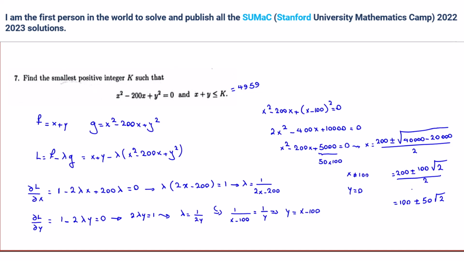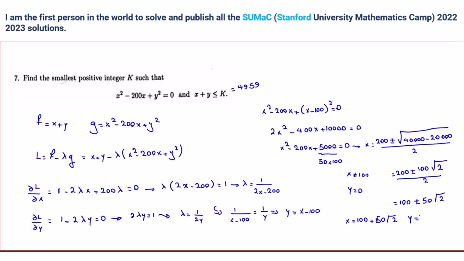So if x is 100 plus 50 root 2, then y is what? One important thing: why did we calculate all these things? It is x minus y that is 100, so we should calculate y.